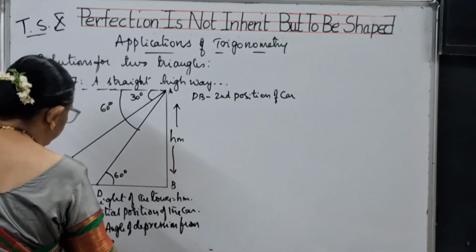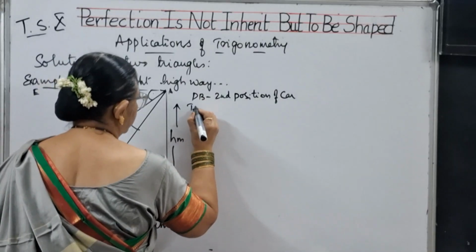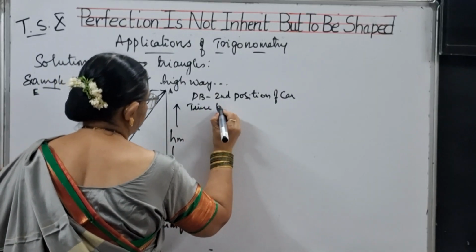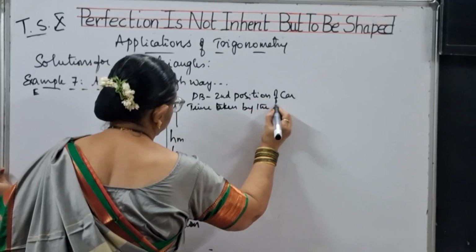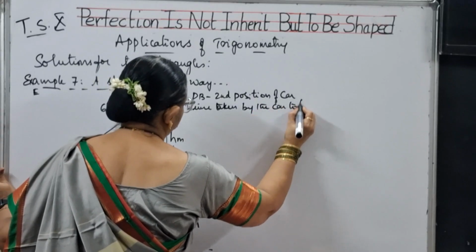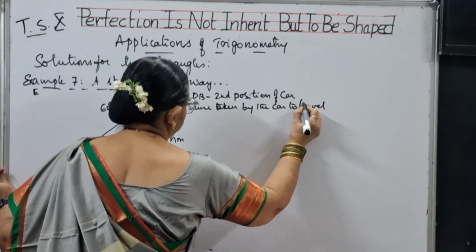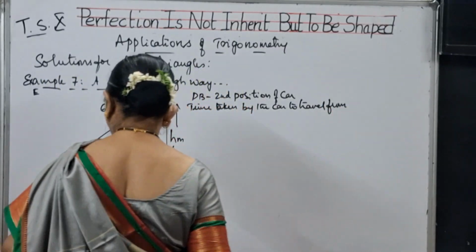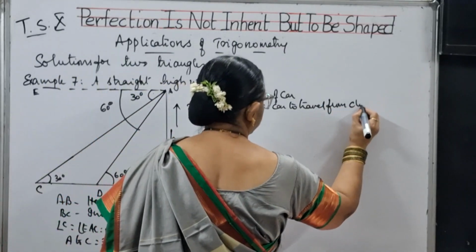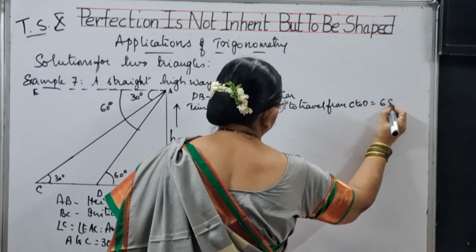What else have they given? The time taken by the car to travel from C to D is equal to 6 seconds.